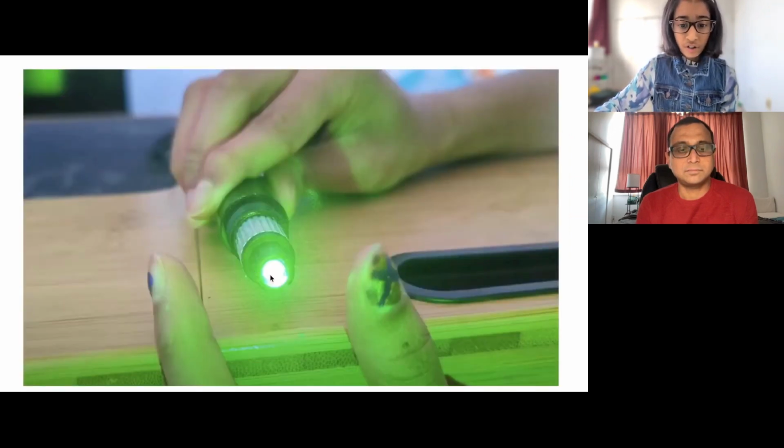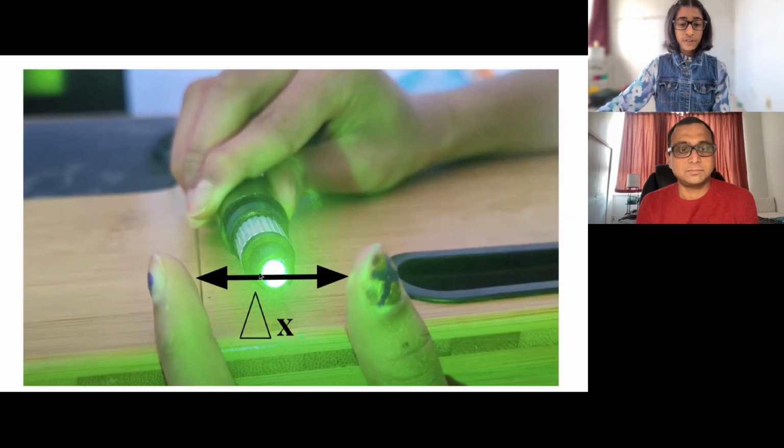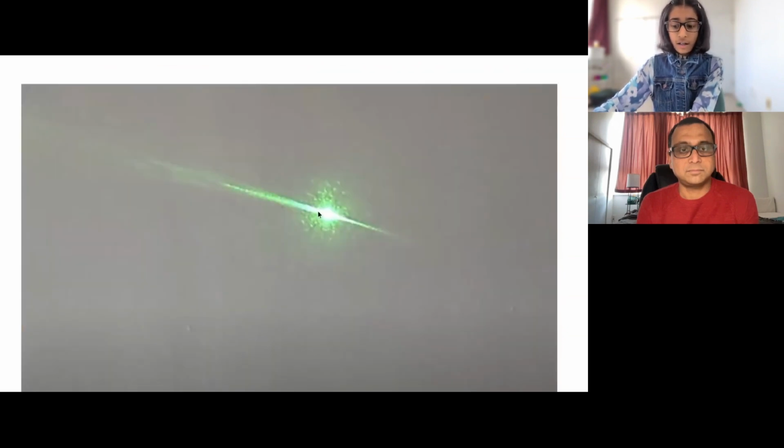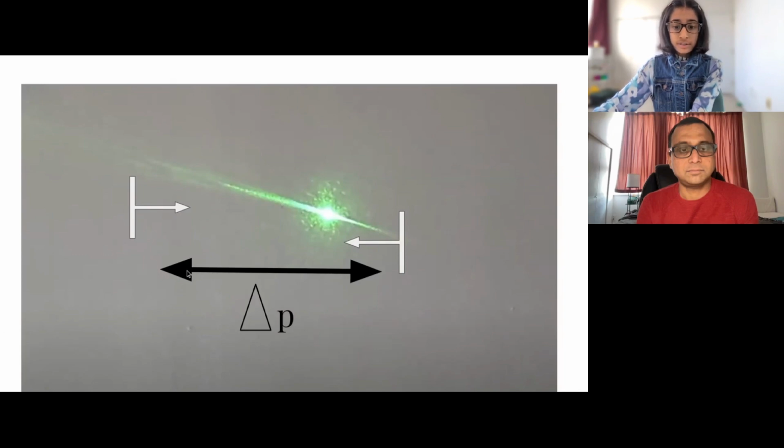So these are my fingers, this is the laser light. So the distance between both of my fingers, we'll say that's delta x. And this is the spread out light on the wall, approximately spreading out from this arrow to this arrow. And we'll call this distance here delta p.